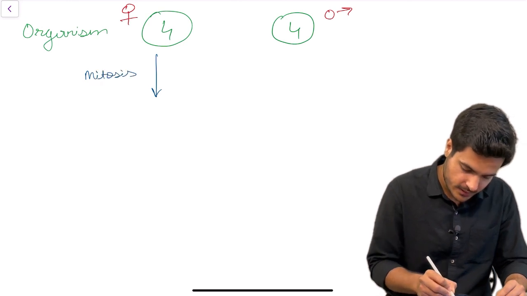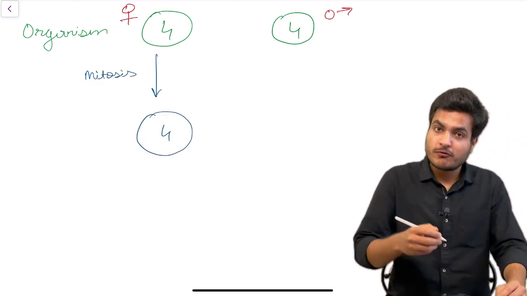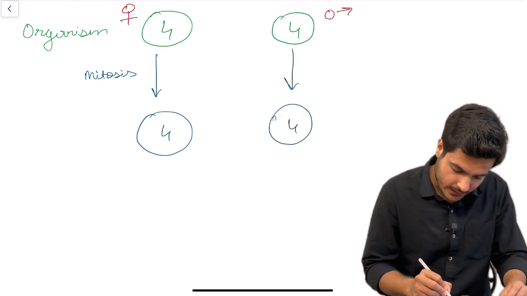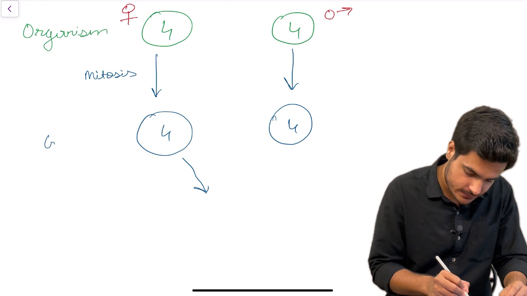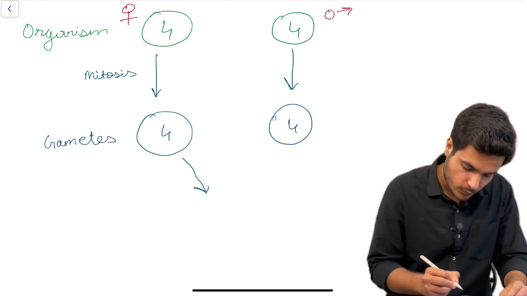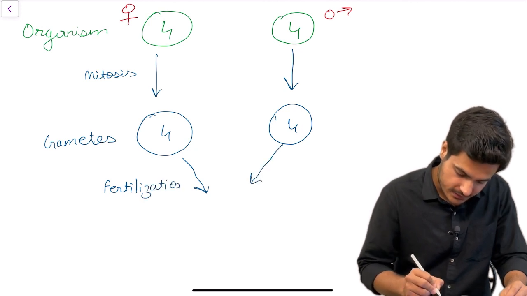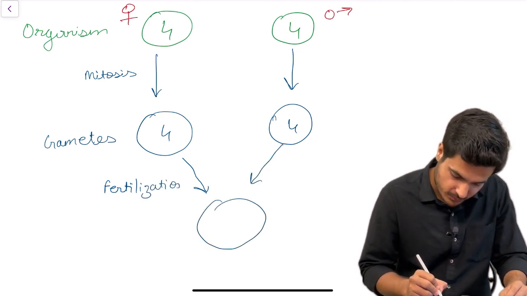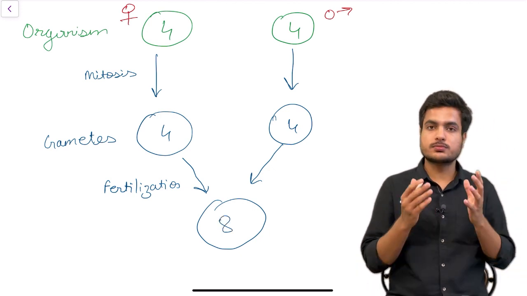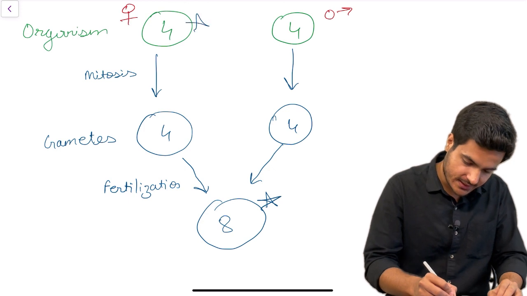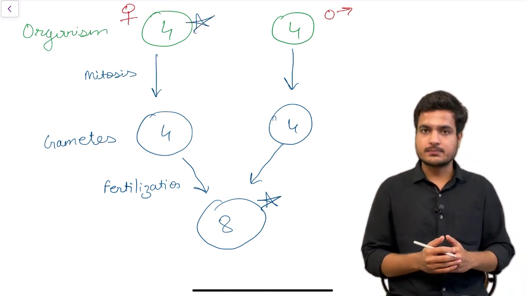The gametes would be formed which will have 4 chromosomes itself, similarly 4, and now when these gametes would undergo fertilization, this would result in a formation of 4 plus 4, that is 8 chromosomes, and this would completely change the genetic makeup of that organism.